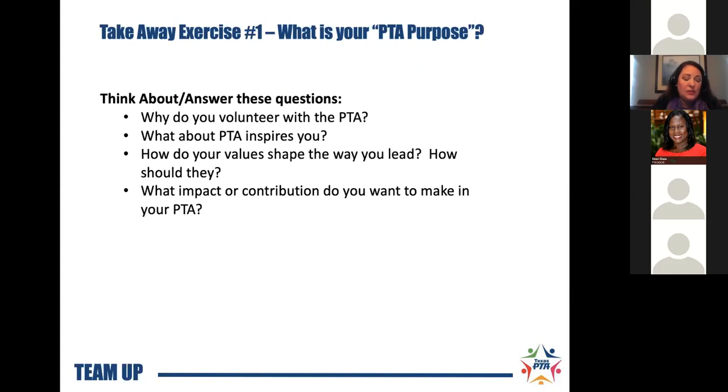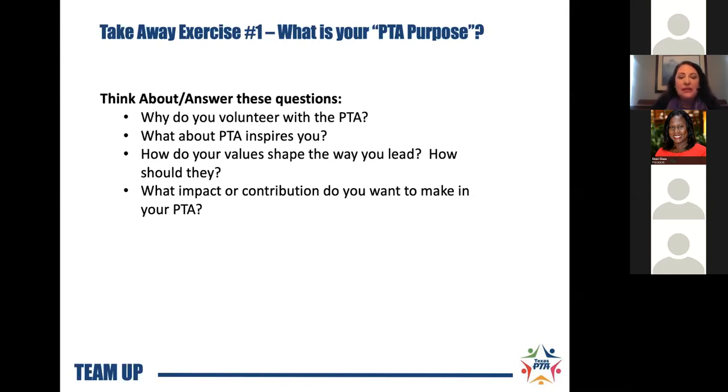We know that there's been a lot of new information provided here today, but we wanted to provide you with a couple of takeaway exercises to help frame how adaptive leadership can best apply to the leadership challenges that you're encountering in your local PTAs. So the first exercise focuses on framing what is your PTA purpose.